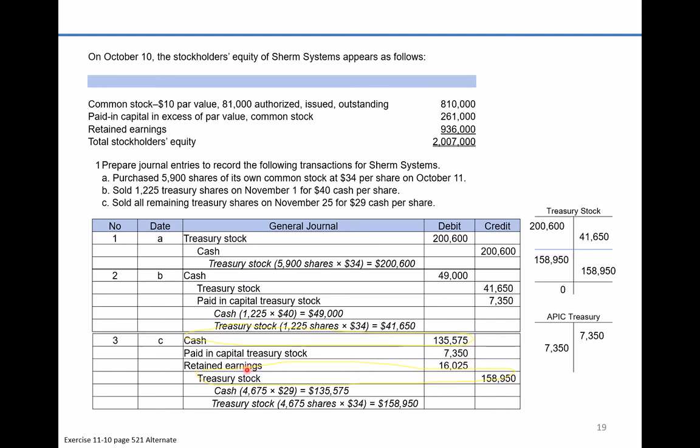So retained earnings becomes a plug to fully balance out when remaining shares are sold and we've used up any premium we've made before from selling shares. There's none left now, so we have to take it out of retained earnings. So now our additional paid-in capital account is at 0. And we've completed all three transactions, the purchase, the sell, and then selling the remaining below what we bought them for. Let's move on.